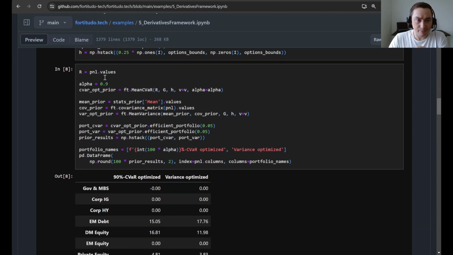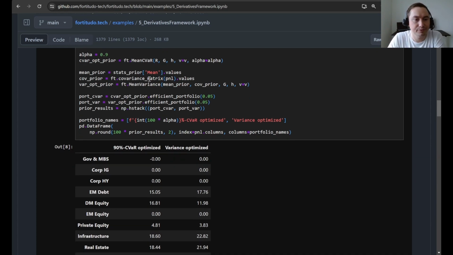So after that, we just extract the P&L simulation and put it into a NumPy array and specify a mean CVAR optimization object, where we use this alpha parameter to say that it's 90% CVAR.